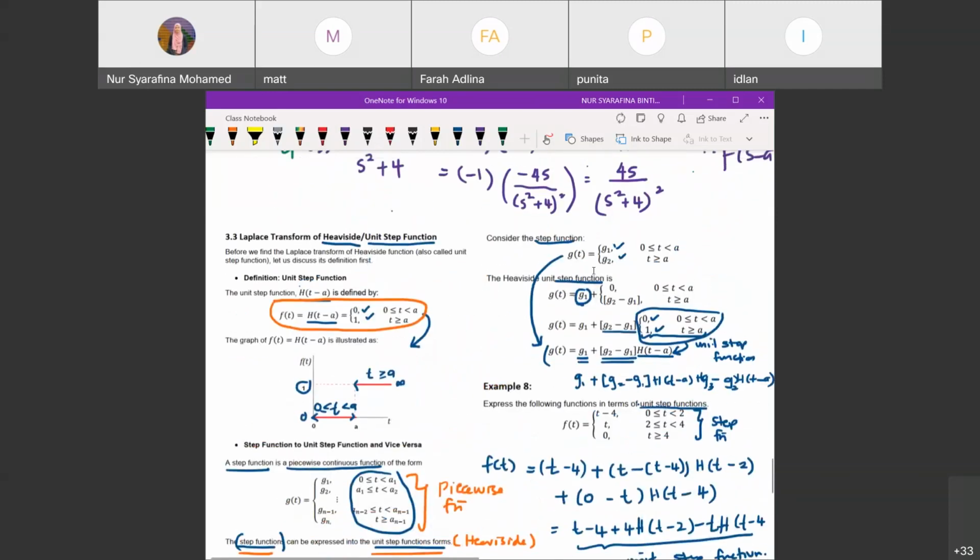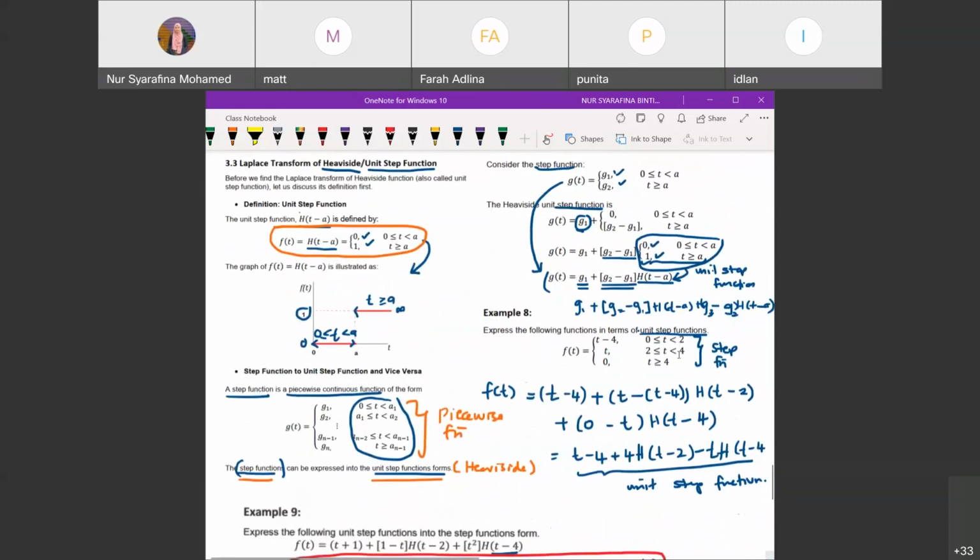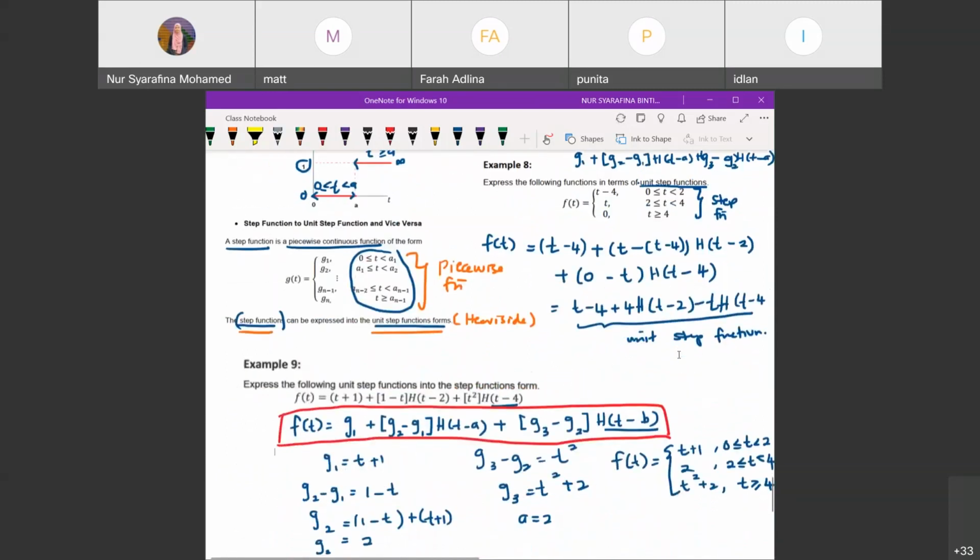So no need to do one by one as long as you understand the process of conversion in the formula. Okay, clear? Any question for these two examples? All right. Okay, good. So that is how we express. Now, how can we transform a unit step function?